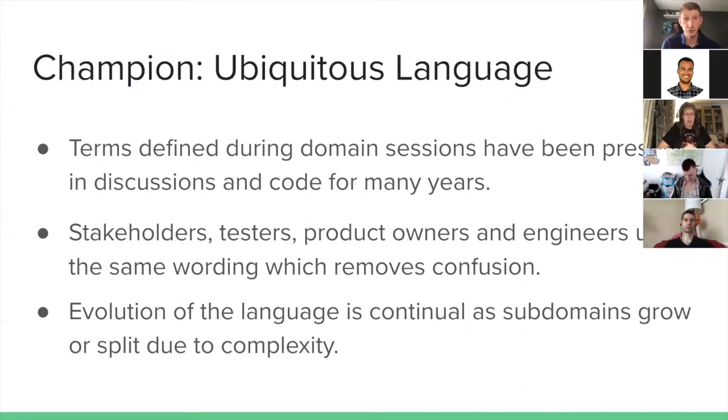Even when we're handling support cases here at engineering, we try and talk in those words with our online services team, because we want to drill in the fact that this is a term, this is what it means, and it just makes things easier to converse about, and everything is consistent. We have even found that over time it has evolved and increased, and the language has become bigger and broader as the subdomains and the bounded contexts within them grew in complexity over time. So we have plenty of these documents all knocking around.